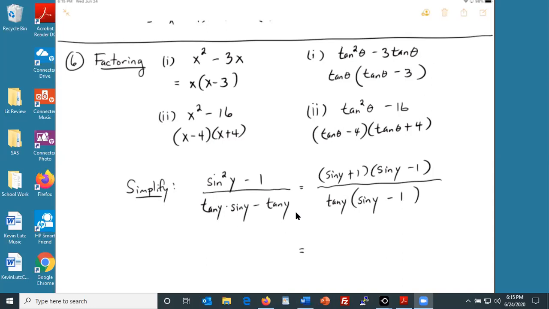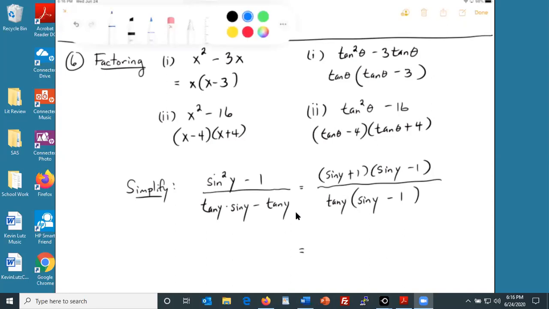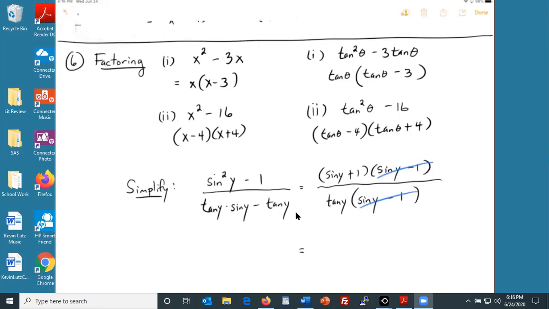Remember when you factor, you're allowed to now cancel out common factors. So there's a common factor of sine minus 1. We can cancel out sine minus 1 and sine minus 1. Now all we're doing is simplifying, which means just bring down what is left over. So in the numerator, sine y plus 1 remains divided by the tangent of y.